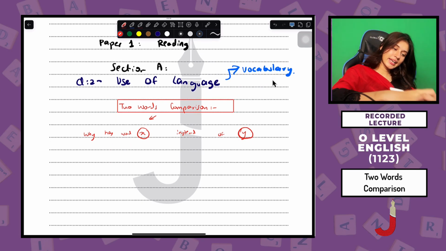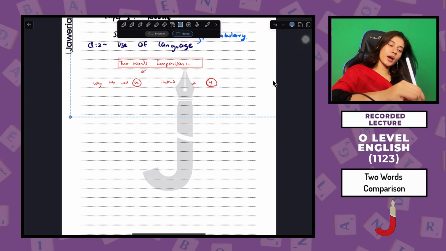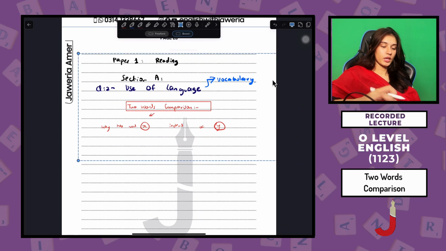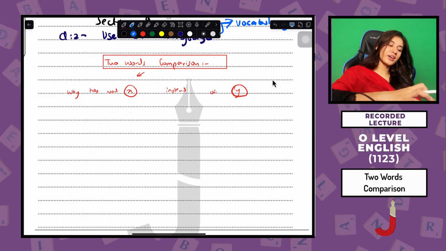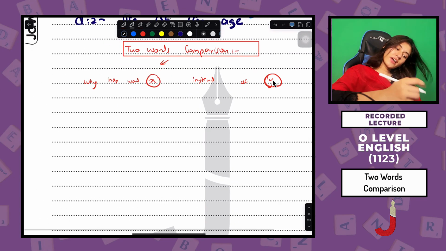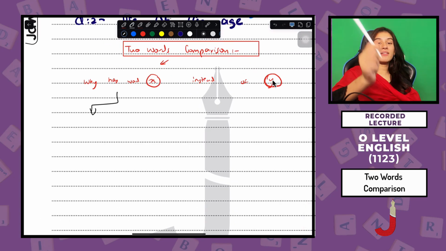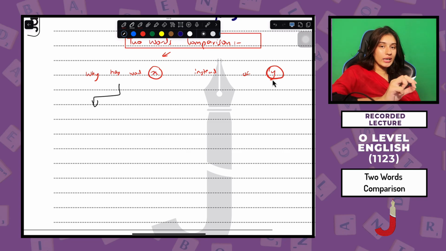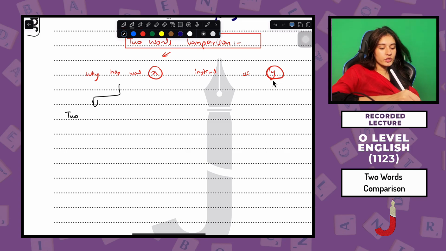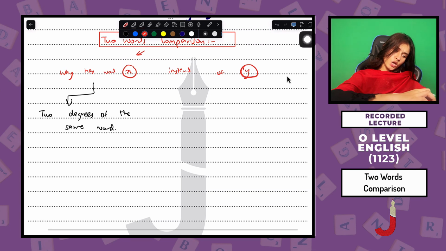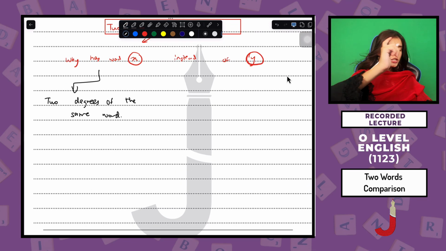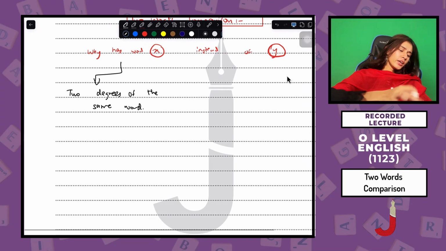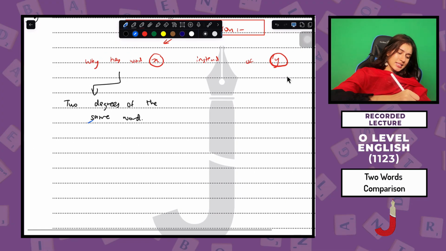Till now, we only covered one variety in this question. So we can get this question in two different ways. The way that we have discussed previously in the previous lesson was called 2 degrees of the same word. So beta, in 2 degrees of the same word, we got two words such as the word fast and faster.